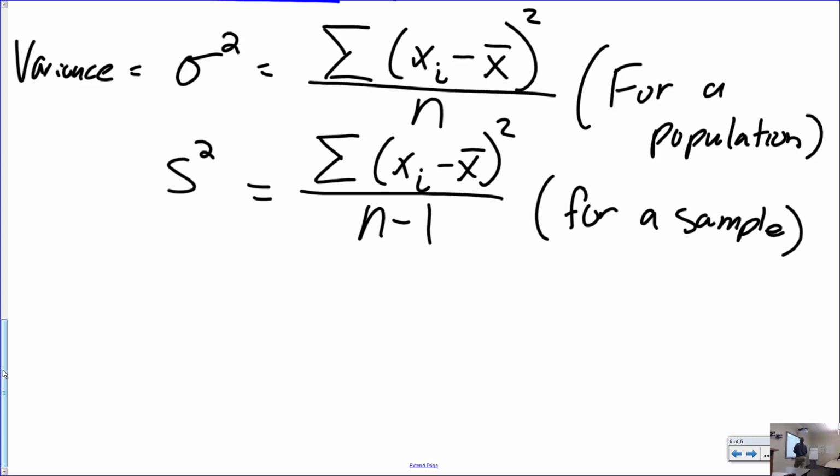We'll be doing this a lot throughout the rest of the semester, but it's one of those things that you kind of got to get into the habit of noticing and using whenever you get a chance. If you're talking about populations, use Greek letters. If you're talking about samples, use English letters. All right?